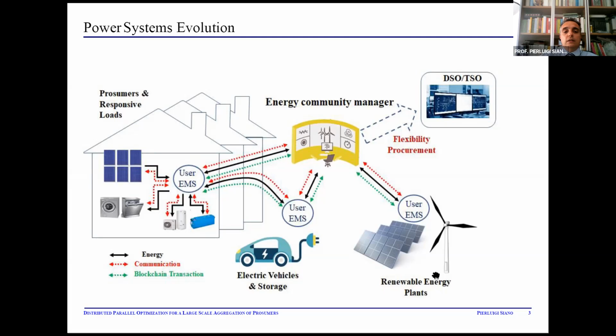They include demand response, energy storage systems, also considering electrical vehicles in the community. In fact, by contributing to the provision of ancillary services to the system operators, energy communities may increase their economic benefits.